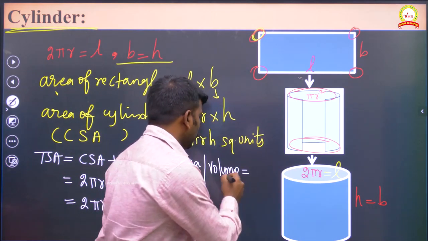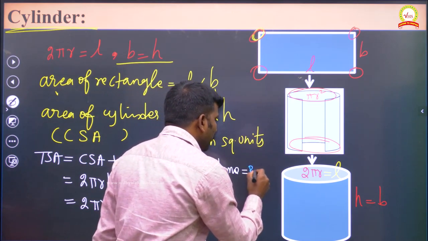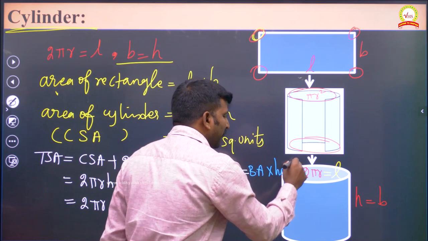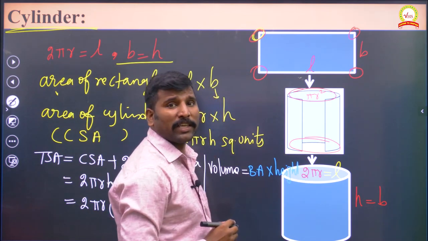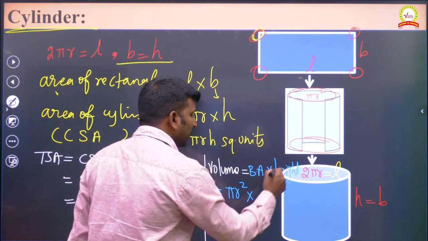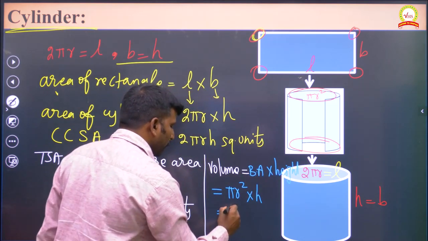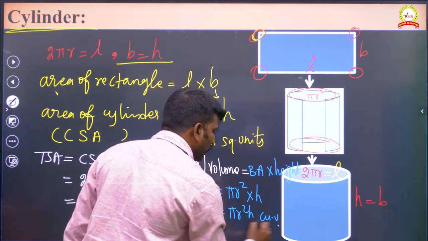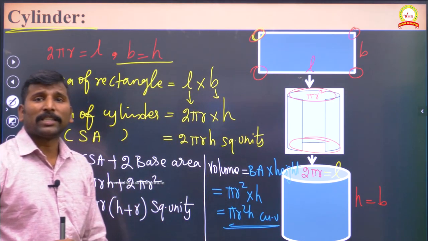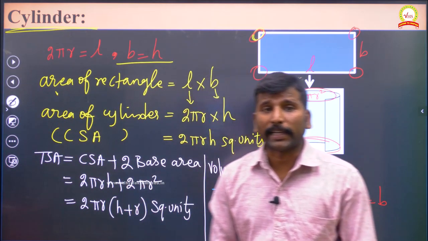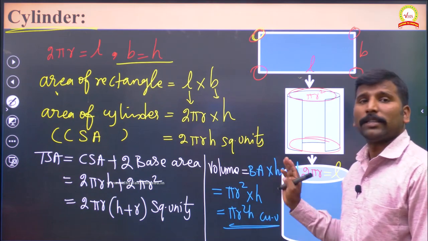Volume of the cylinder equals base area multiplied by height. So base area in the sense is pi r square into height h. So I am using pi r square h cubic units. This will be cubic units. That's it. This is the required formula for a cylinder: base area into height is the volume of the cylinder.